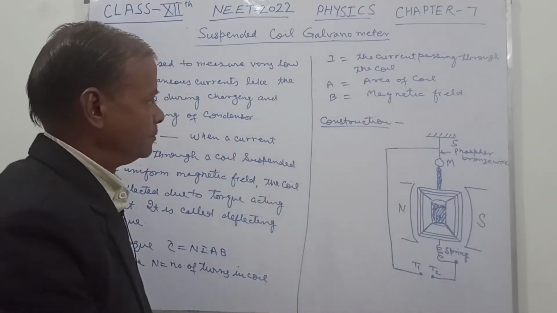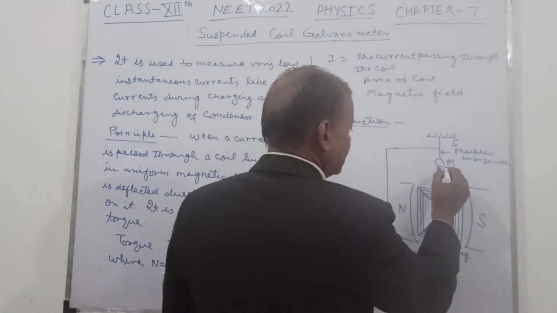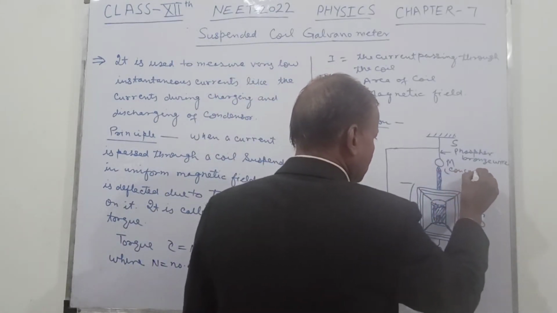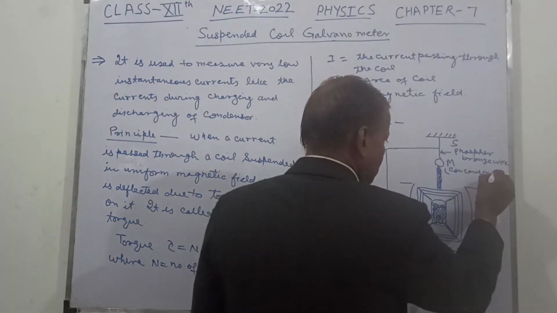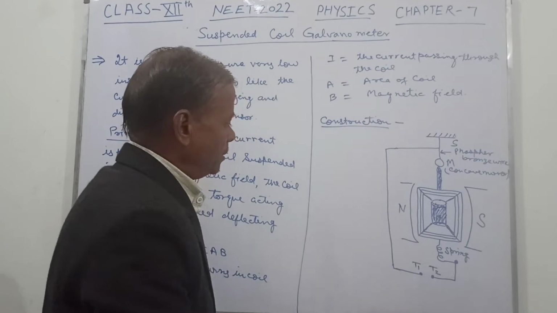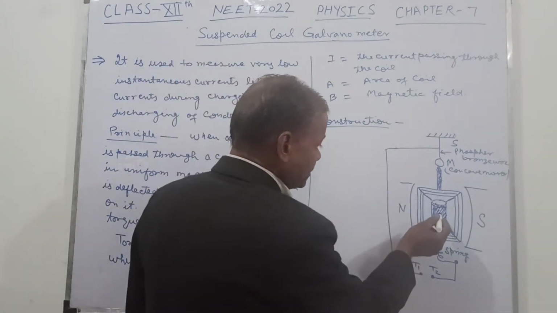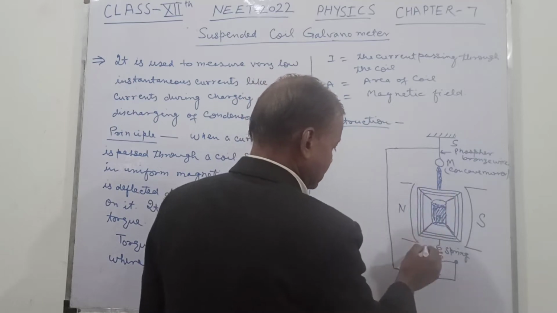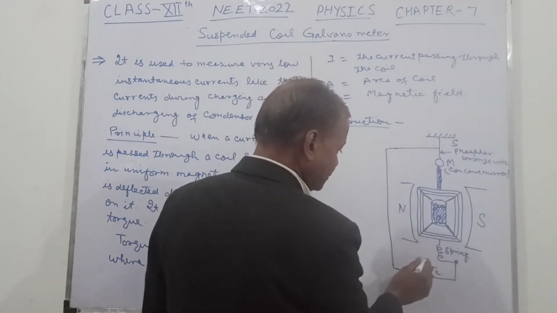This is the mirror, that is the concave mirror. These are the magnetic core pieces, and this is the soft iron core.